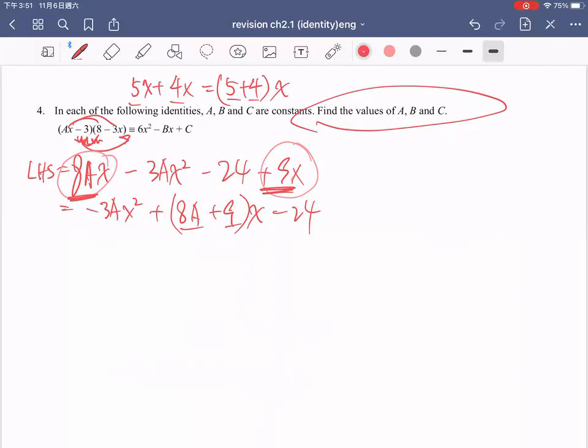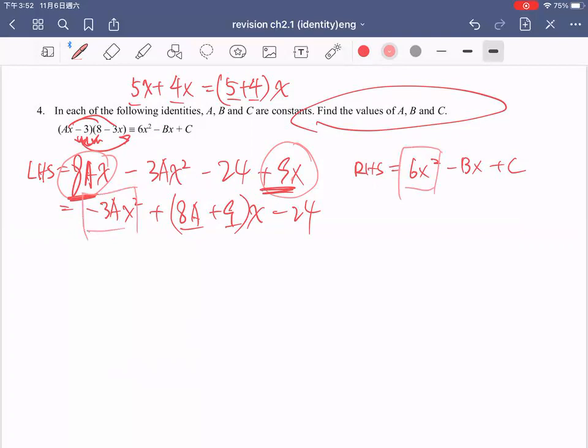Okay, after we finish correcting the left hand side, for the right hand side again, we can copy it. Just x squared minus bx plus c. Okay, so we just compare the like terms only. So what are the like terms? Of course, right? x squared is the same as x squared.